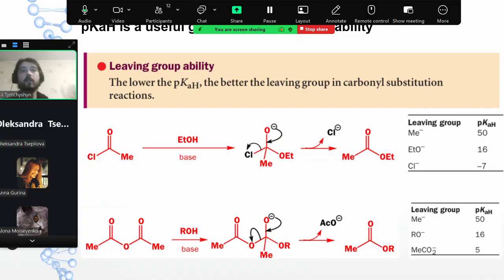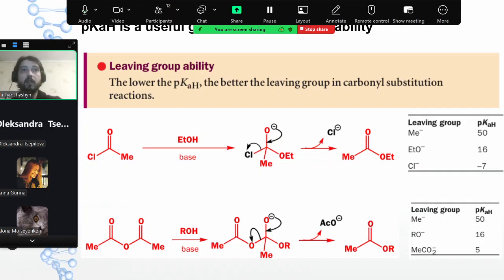We had a very similar situation in lecture 3 when we considered different acids and bases. So you remember that there are certain acids that can, let's say, throw away a proton and they feel comfortable without that proton.